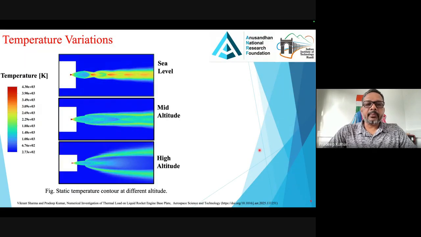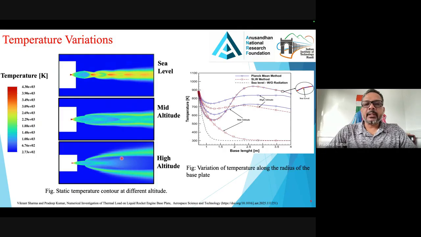These are temperature variations of the plume at different altitudes: sea level, mid altitude, and high altitude. At sea level, a very compressed plume is there. At mid altitude, a perfectly expanded case is there. However, at high altitude, an over-expanded case is there. And these plume characteristics affect the temperature at the base plate.